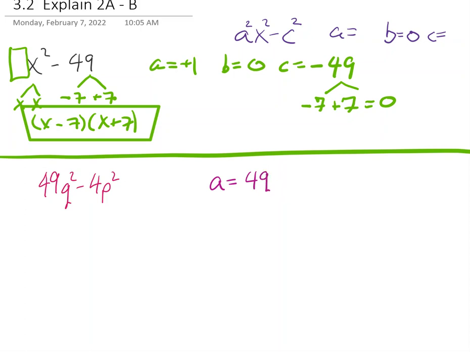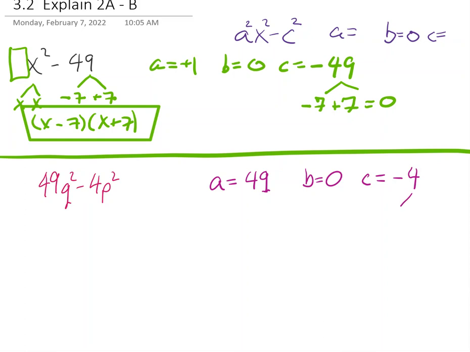Don't let that confuse you with the Q. And B is still 0 because I want the middle term gone. But C this time is going to be a negative 4. But keep in mind it's a p squared. So we got to treat it like we treat the q squared in the front.